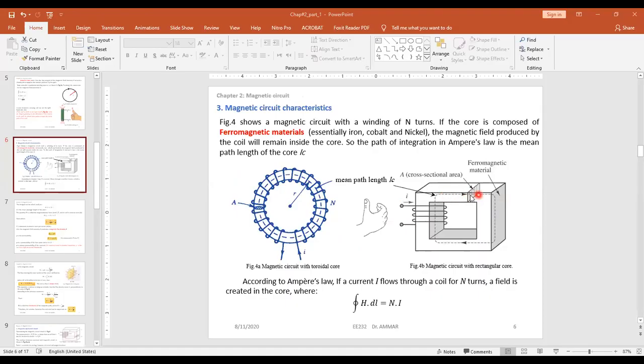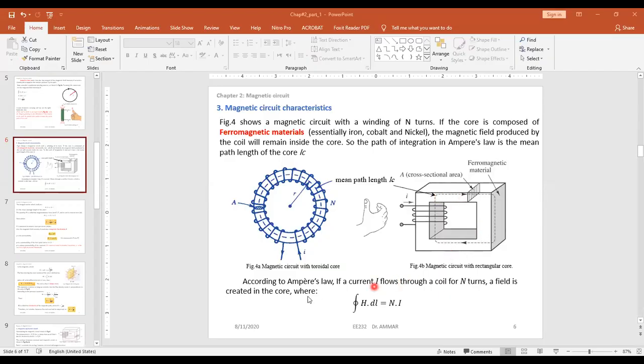We take the middle and make our path. As you see here, this dashed line, or in this case when we have this circular core, LC, the length of C, is the core. This is the path that we will integrate over.